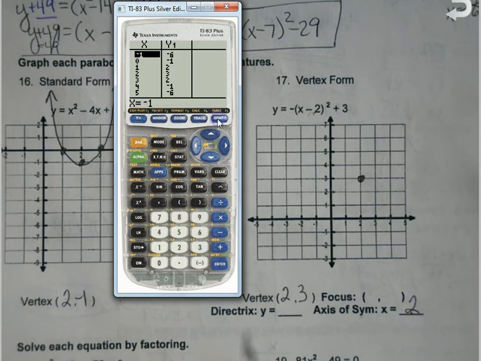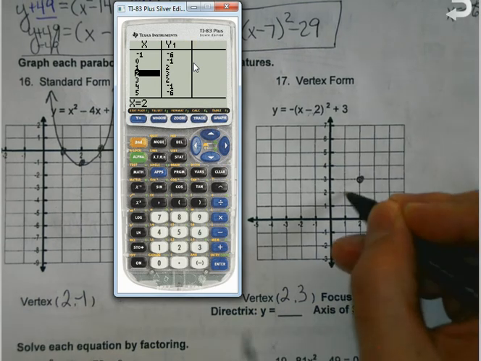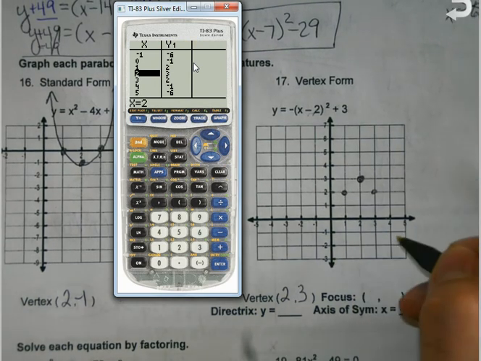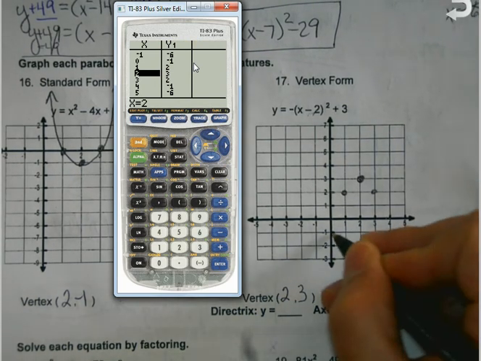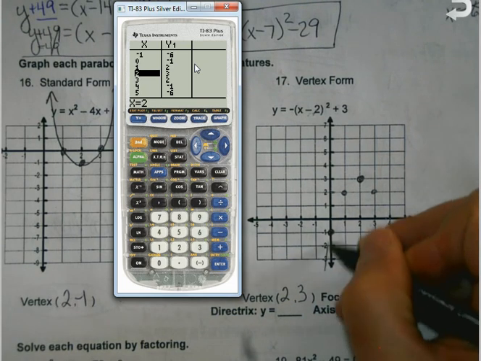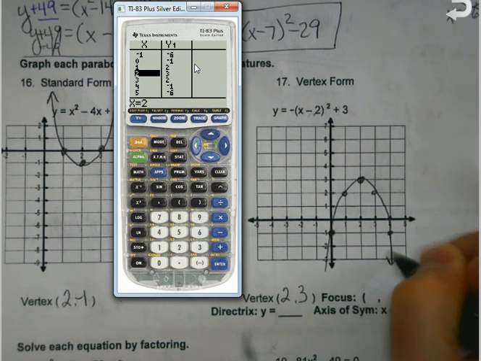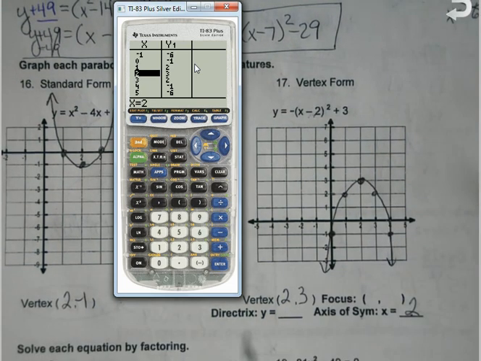Okay, let me get to my chart. My vertex looking good? Yep, because I see symmetry. So I'm going to let the calculator get me the rest of the points that I need to make my parabola.